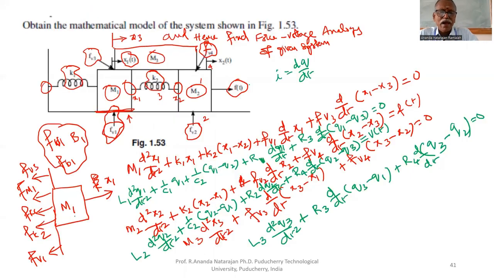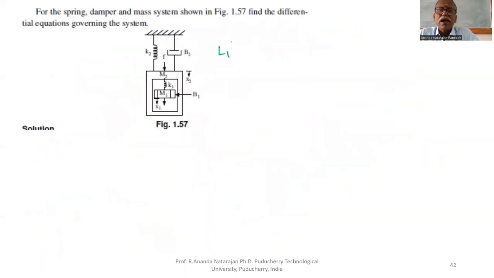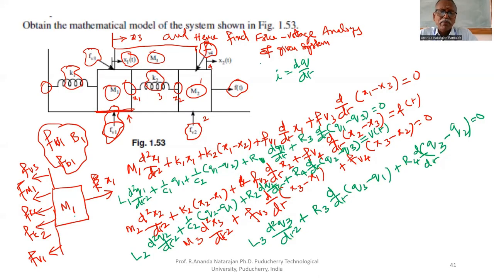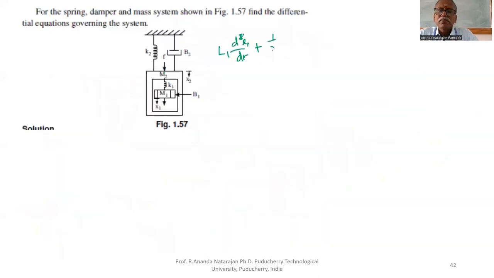L1 di1 by dt plus 1 by C1 Q. I equal to dq by dt, therefore Q equal to integral of I dt.